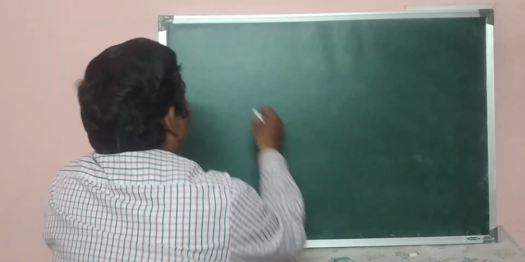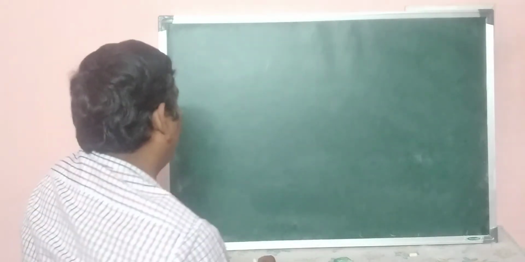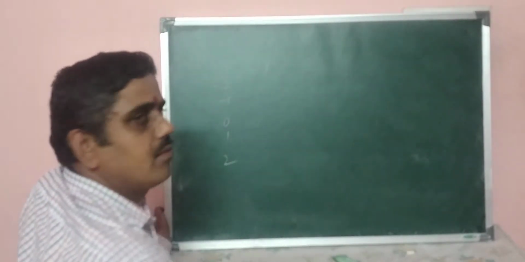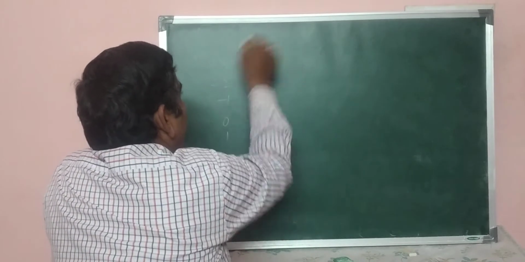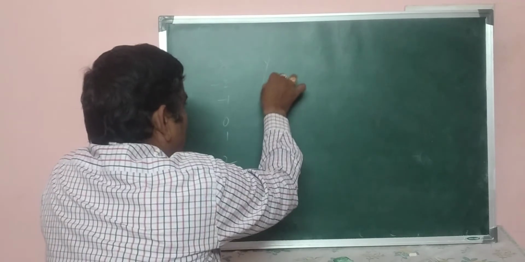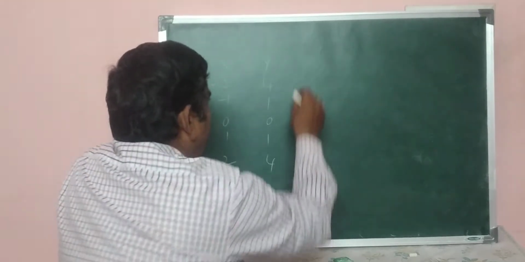Let us consider, for example, x and y are the two variables. Here I am considering x as -2, -1, 0, 1, 2. I am considering y as the square of these, that is 4, 1, 0, 1, 4. Now you calculate xy.